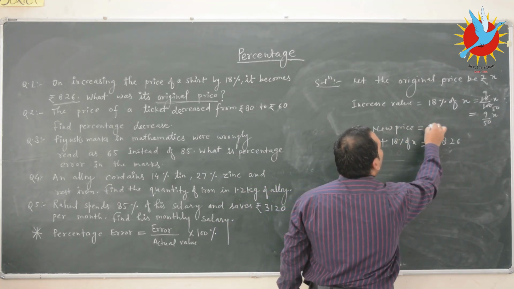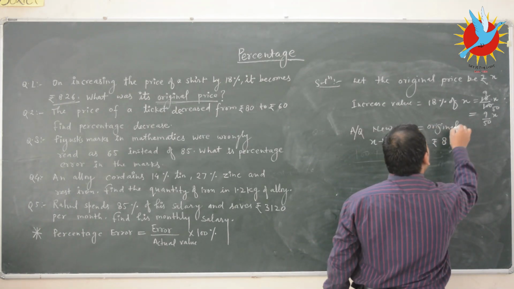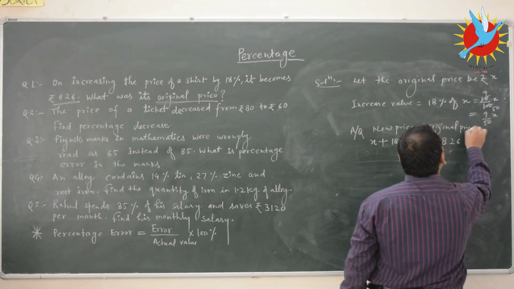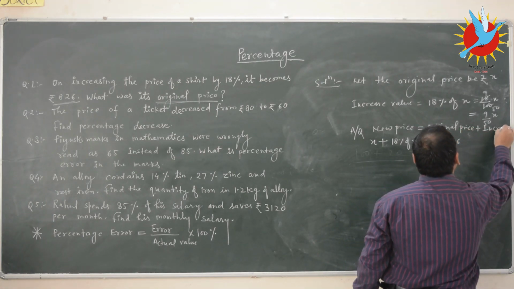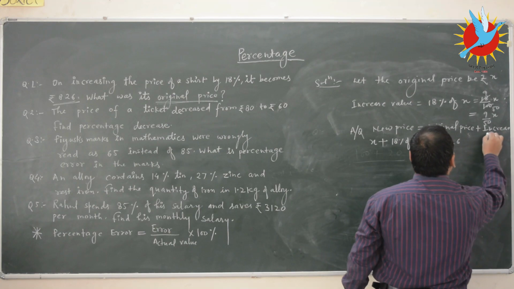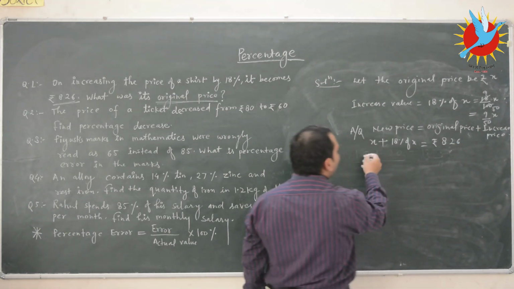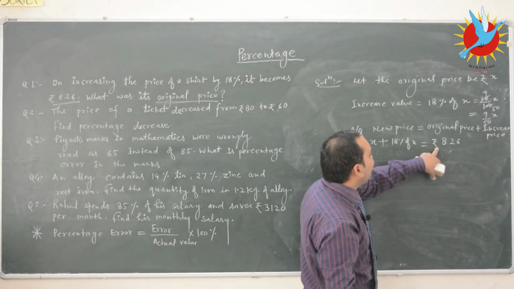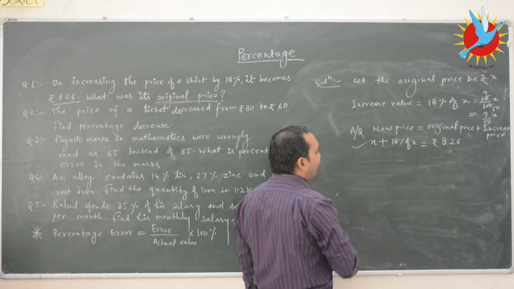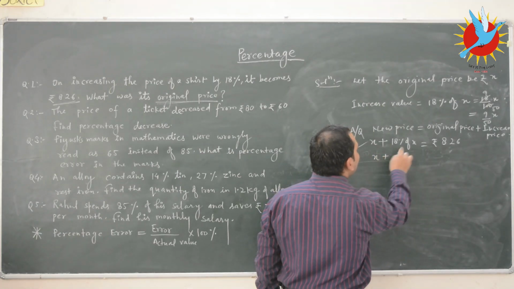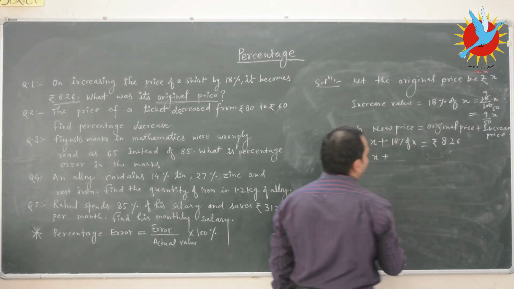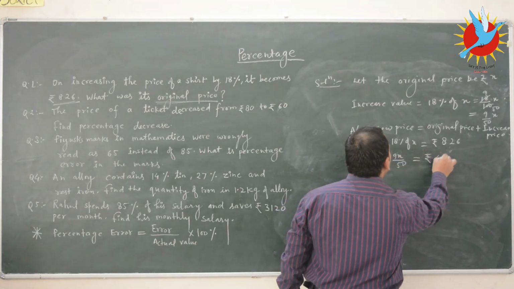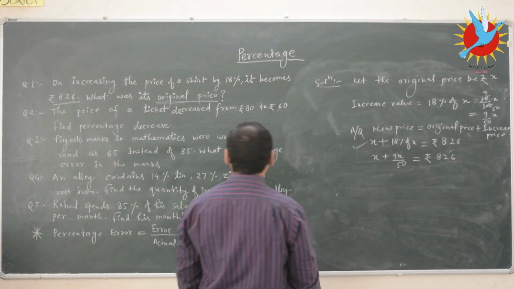According to the question, the new price is equal to the original price, that is X, plus the increased price. So the original price was X and the increased price is 18% of X, which is equal to 826. Then X plus 18% of X, that is 9X upon 50, is equal to rupees 826.